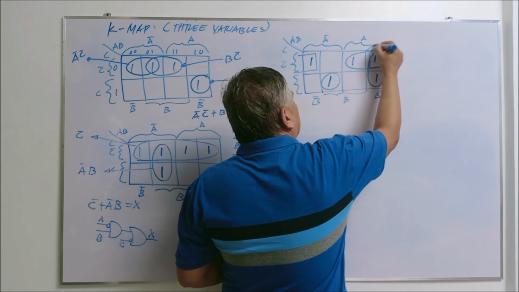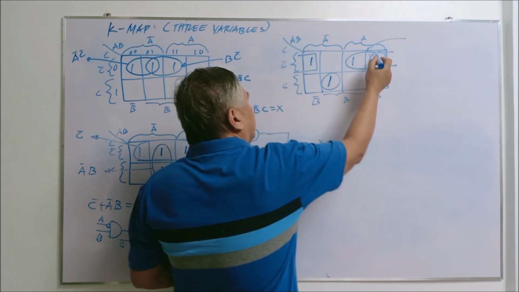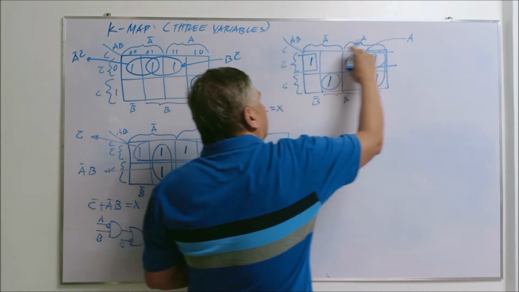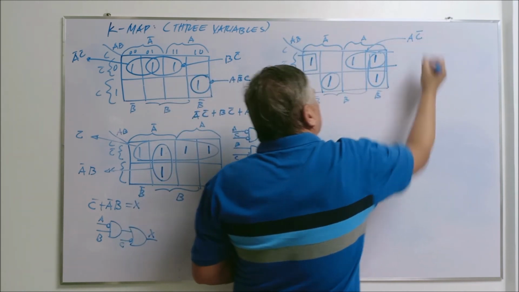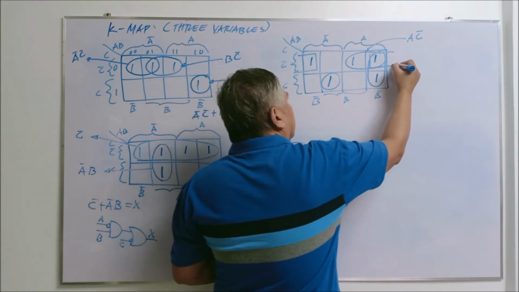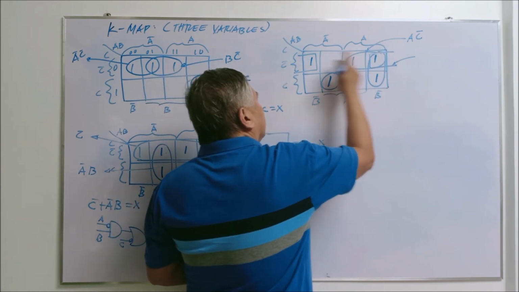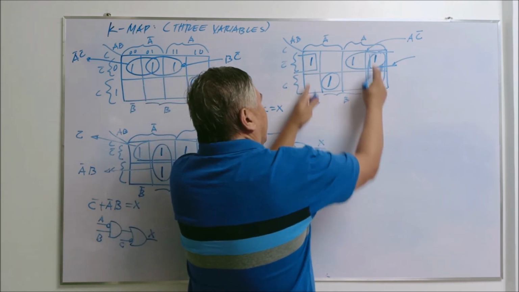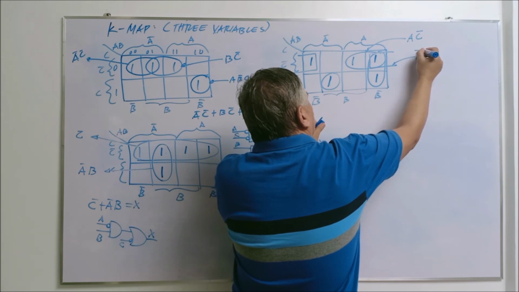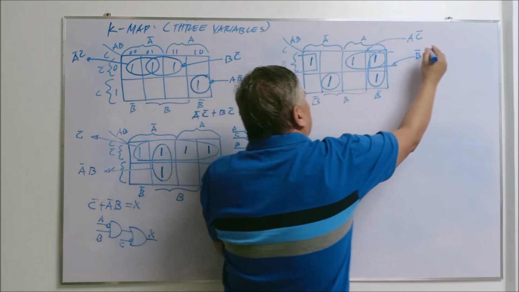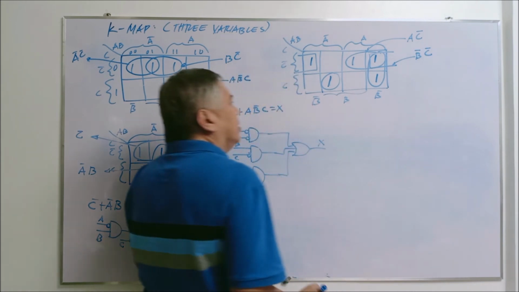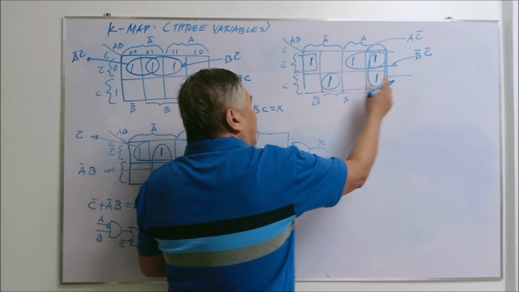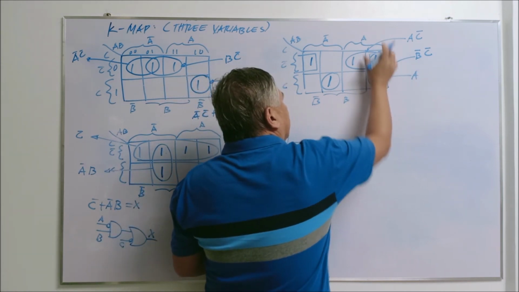For this particular group, this group belongs to A and at the same time belongs to C bar. Okay? And this one and this one belongs to B bar and C bar. And then this group here belongs to A and B bar.